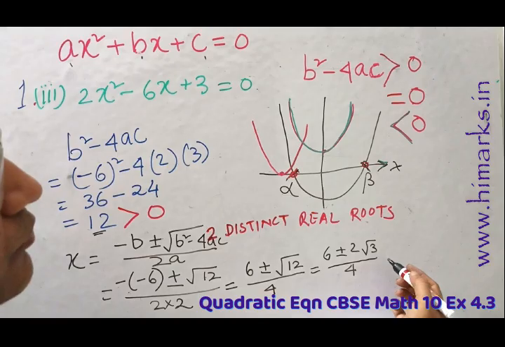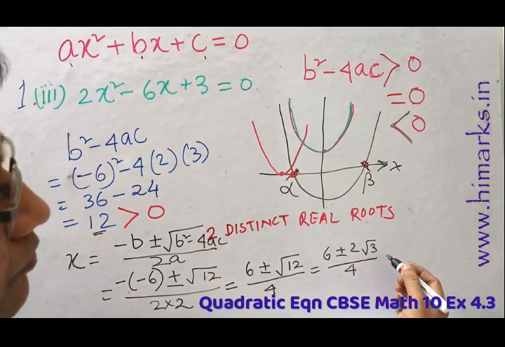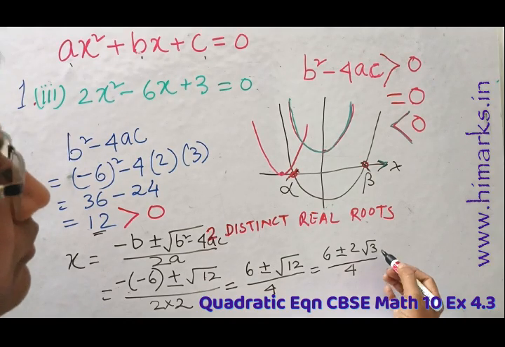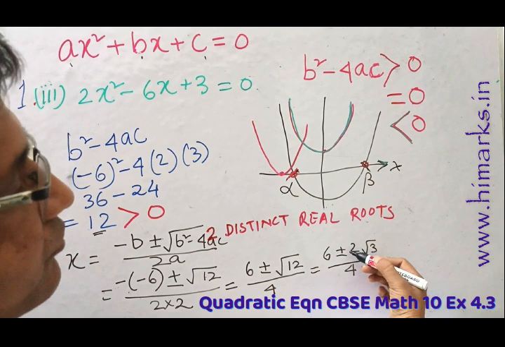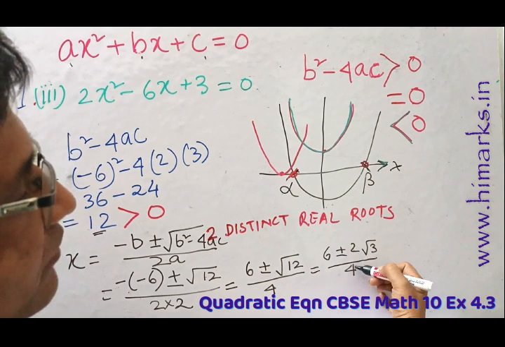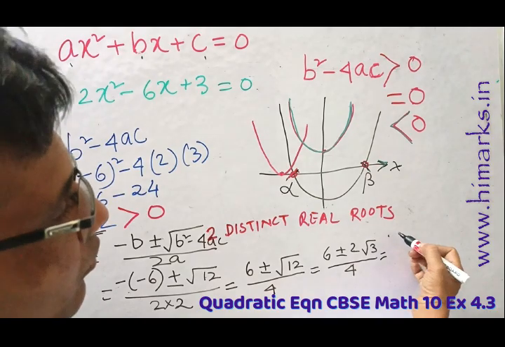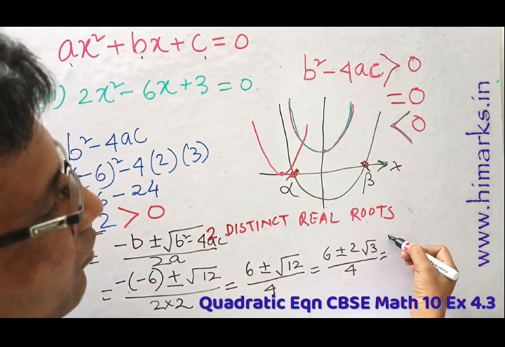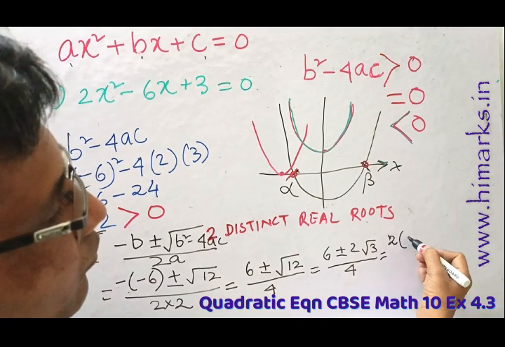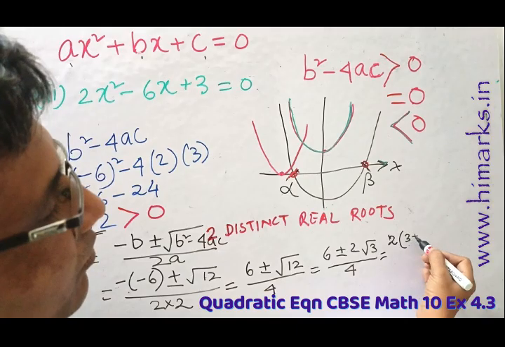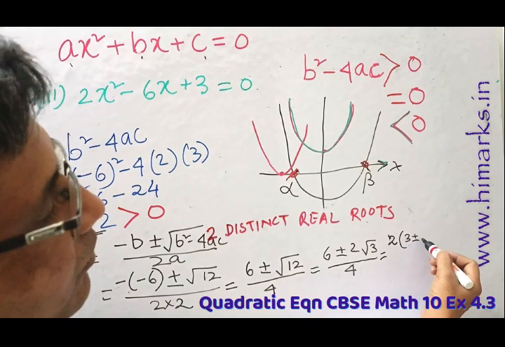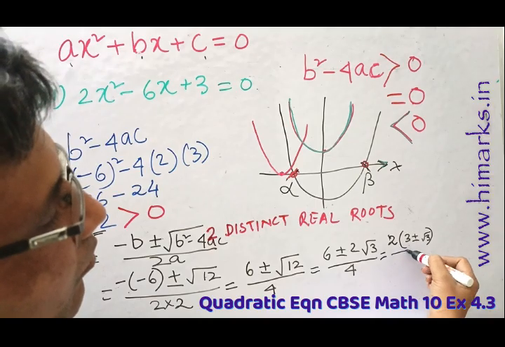Okay, now next, take 2 common, so the 2 will cancel with the 4. If you take 2 common, it will look like 2 times 3 plus minus root 3, by 4.